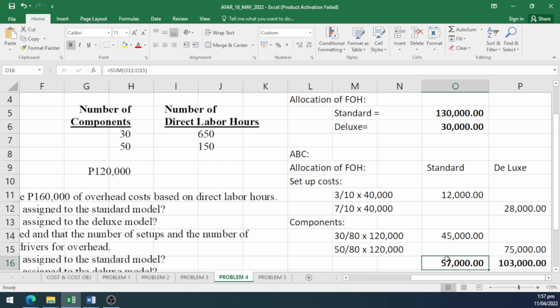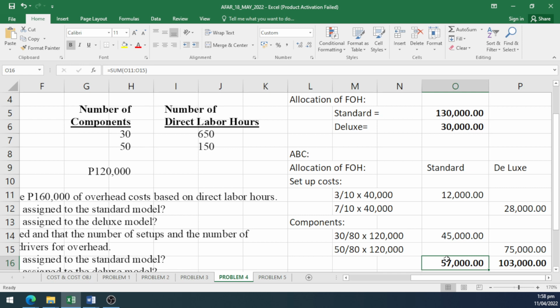Yan ang mas tama. Eh, paano ba naman kasi, halimbawa, in the case of setup, na ang driver ng setup cost ay syempre yung setup activity, eh inallocate ba naman natin sa DLRs? Na nakita ninyo naman, yung number of DLRs ng standard, 650 hours.